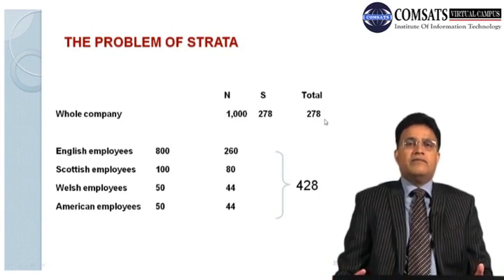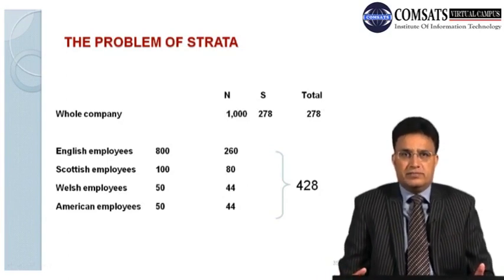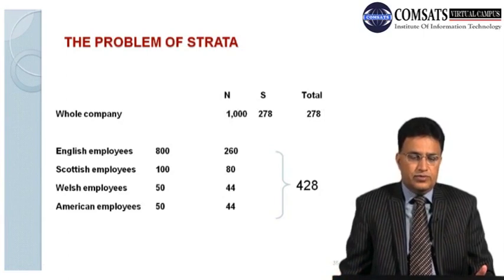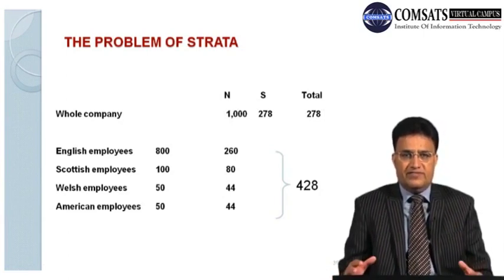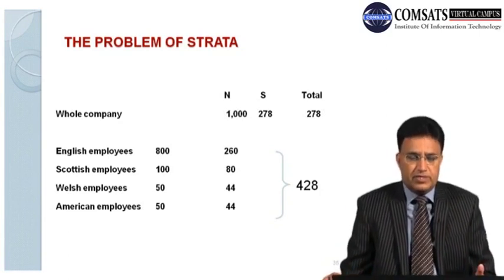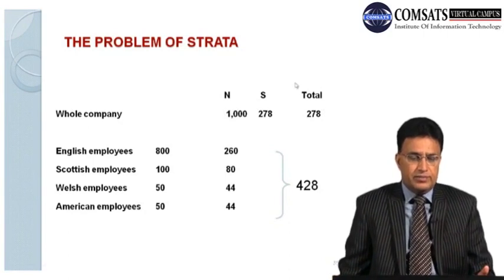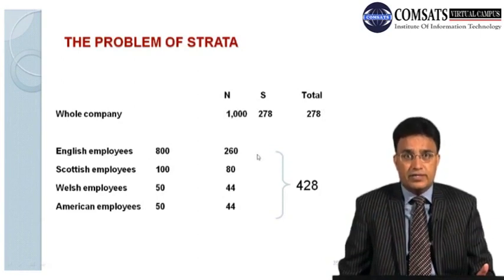But if you don't have a homogeneous group, and you also take into account different strata or subsets or groups within the population, and you come to English employees 800 and Scottish employees 100 and Welsh 50 and American 50, so you have to calculate for each. Say English 800, the sample required would be 260.